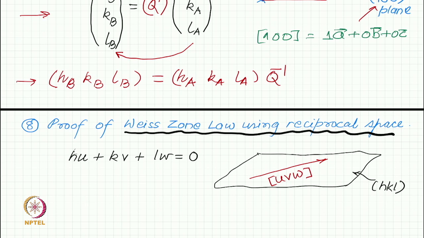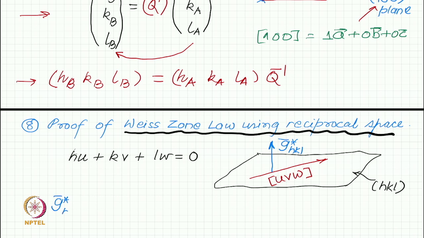But now, using our reciprocal magic wand, we can do much better. So, what is the vector normal to this plane? Vector normal to this plane is G star H k L. And if G star H k L is normal, what will be its relation to u v w?